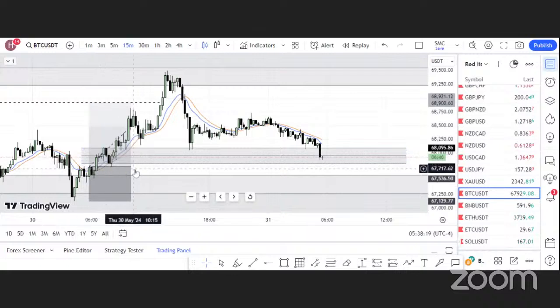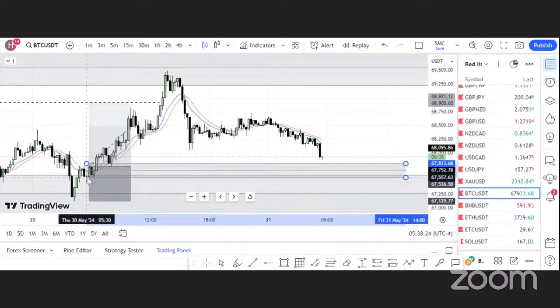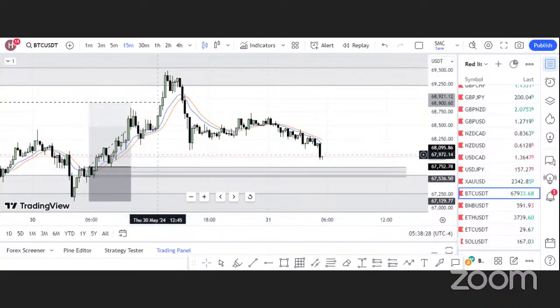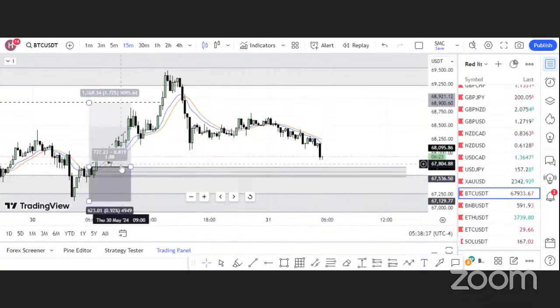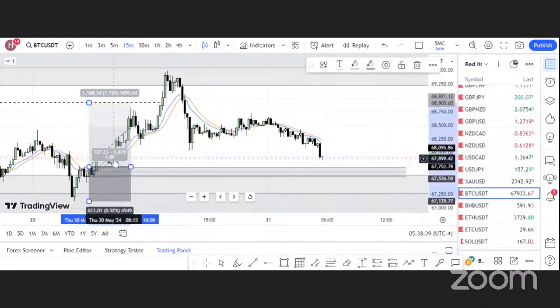So with the candle momentum we have here, I think the market is going to go below this order block.